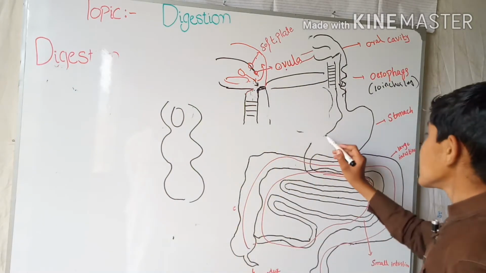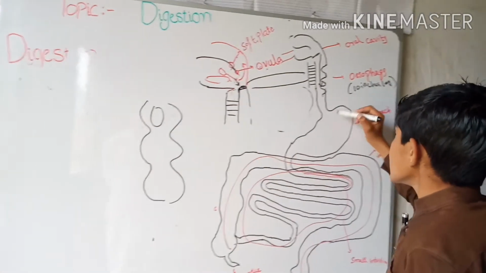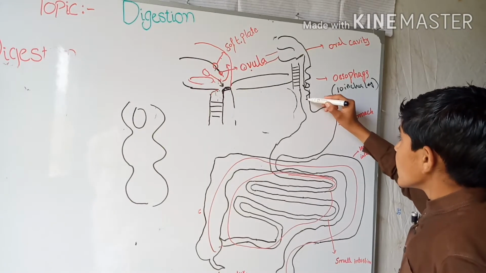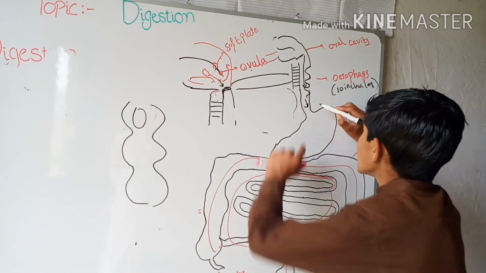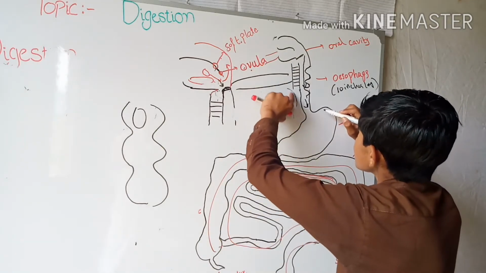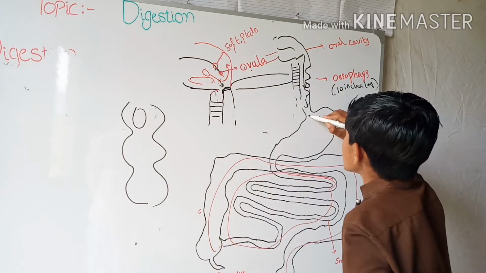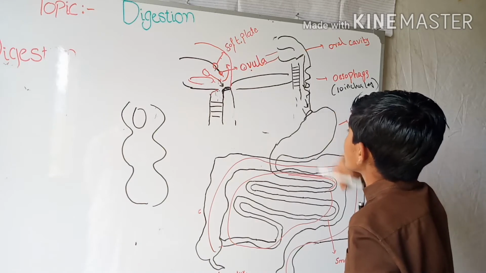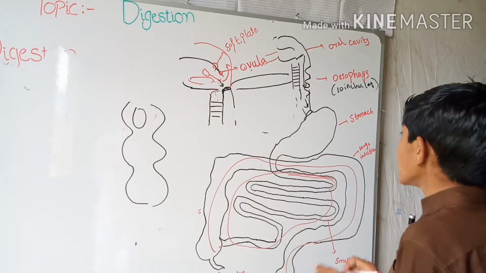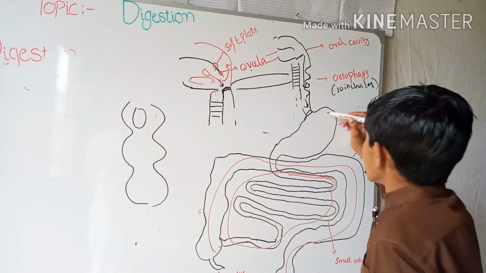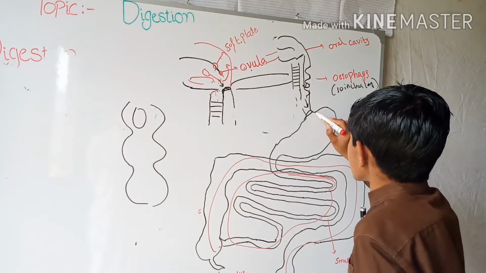The next stage for the food is the stomach. The food reaches the stomach, and in the initial stage of the stomach there are sphincter muscles present. Okay, actually the stomach is divided into four parts.